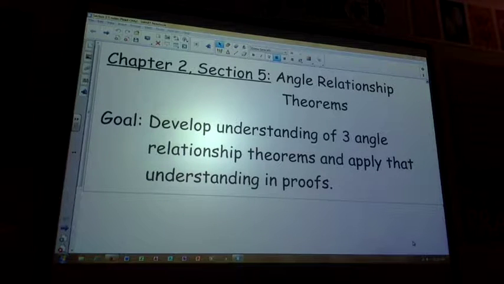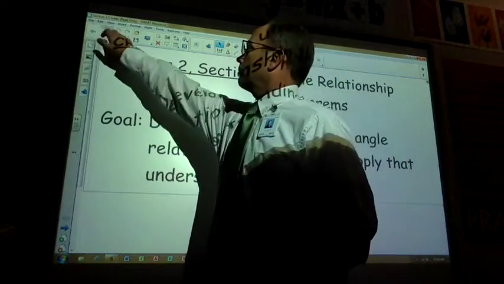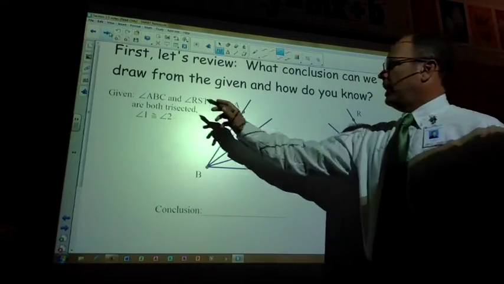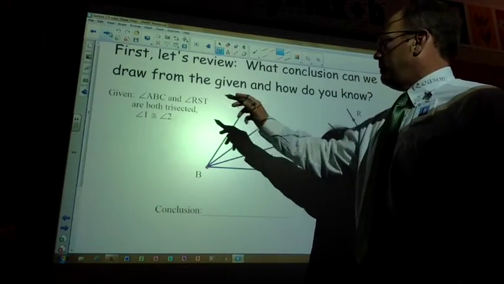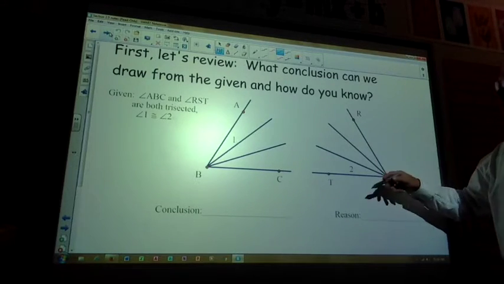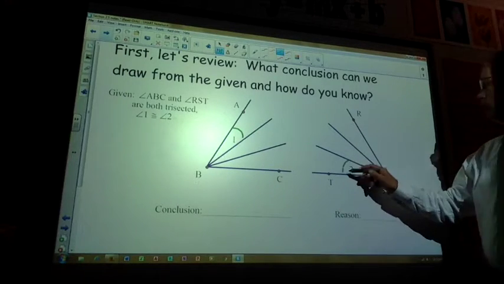Now we're going to talk about something called trisecting. It means cut it into 3 different parts. So if we were to say that angle ABC and angle RST were trisected, and we knew that angle 1 and angle 2 are the same.